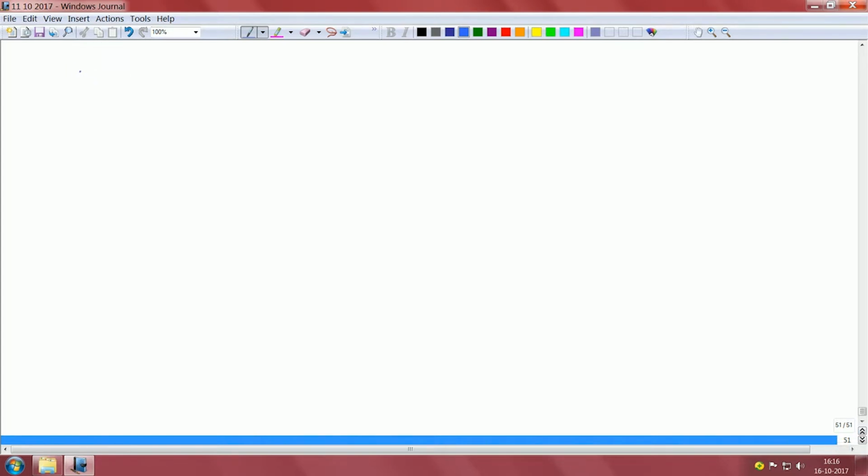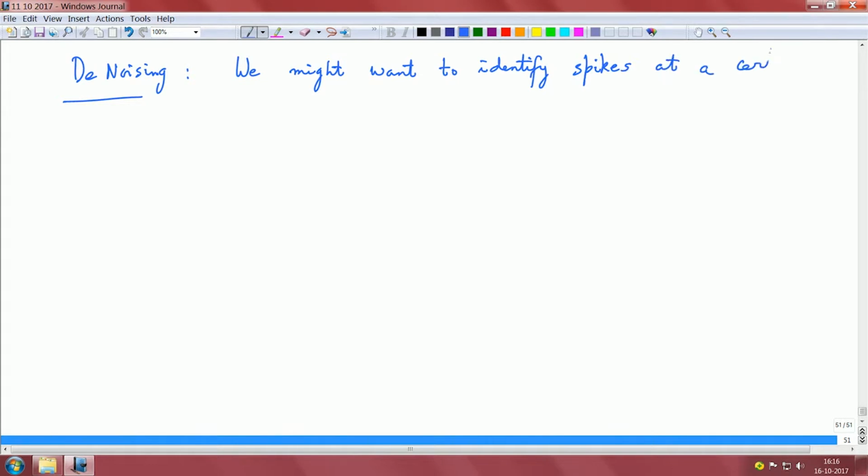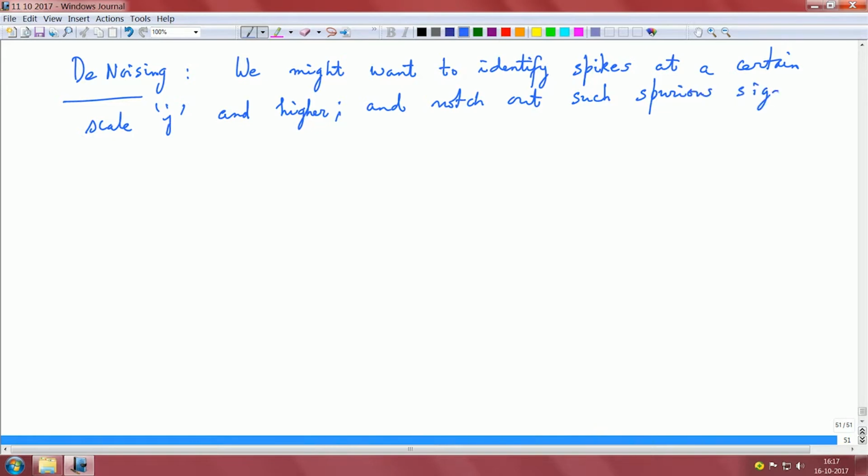The second application is denoising. We might want to identify spikes at a certain scale j and higher and notch out such spurious signals.